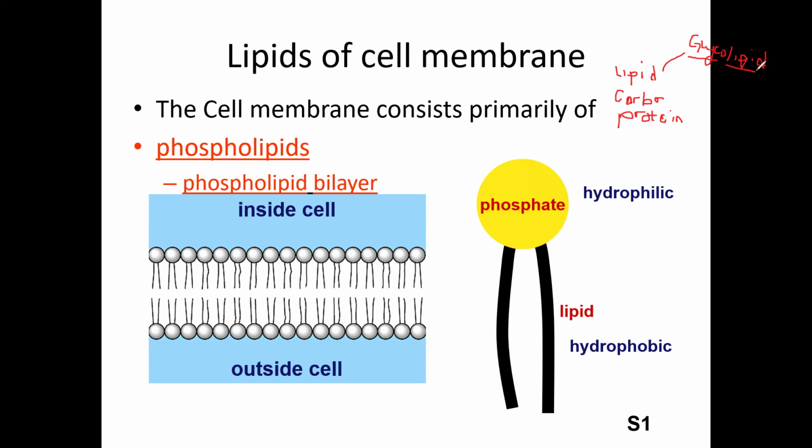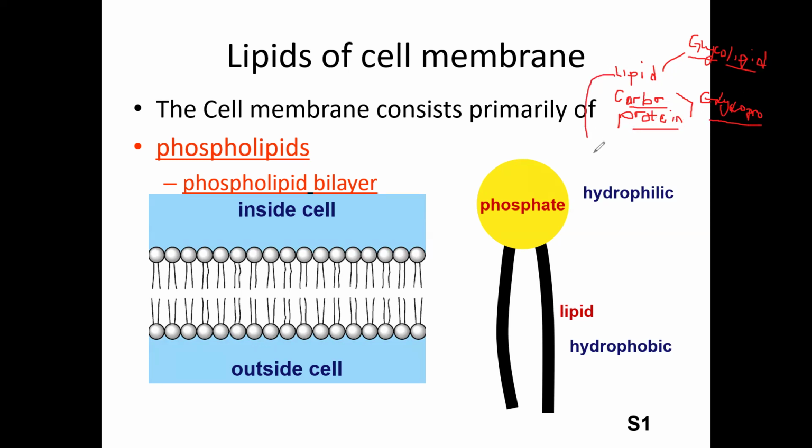Then some of the proteins found in the cell membrane are in the form of glycoproteins. When we say glycoproteins, it means sugar and protein, made up of sugar and proteins.